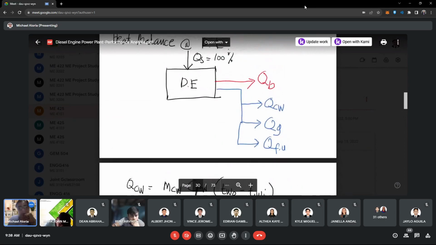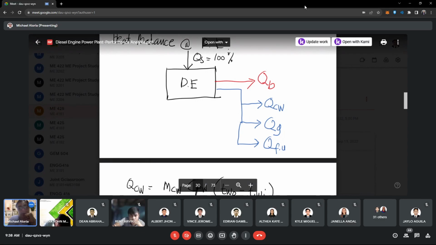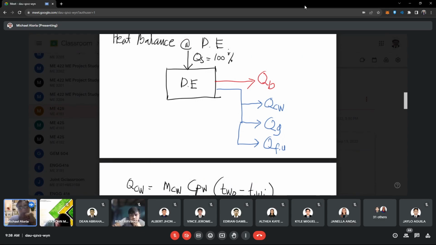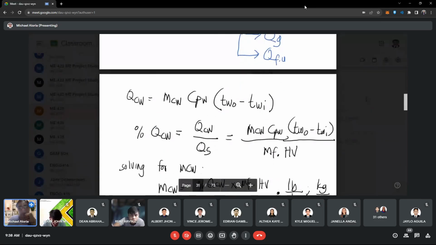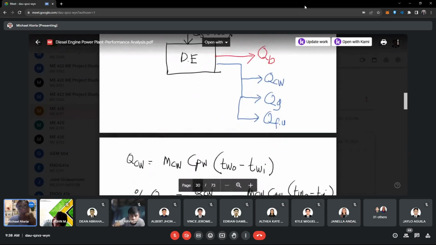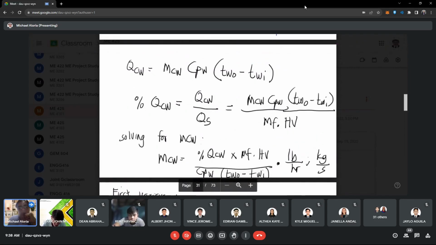Yung pumasok dito sa engine, galing dun sa ating cooling tower, yun yung cooling water inlet temperature. Mababa pa ang kanyang temperature. Pag lumabas yung TWO mataas na, inabsorb na niya yung init. The cooling water absorbs heat going back to your cooling tower. So kaya mayroong change in temperature, delta T.